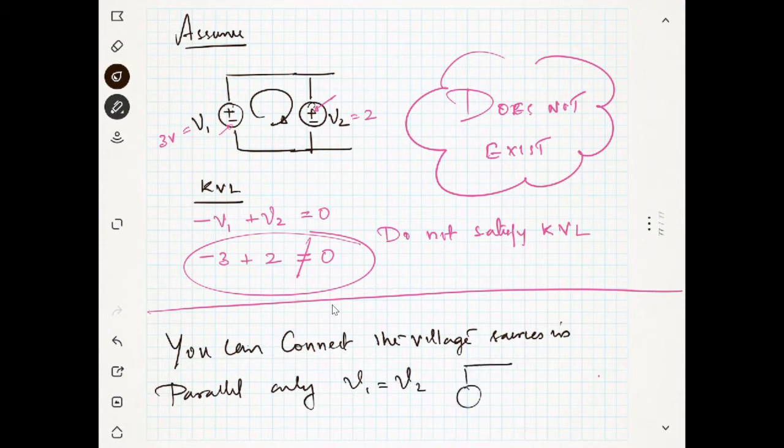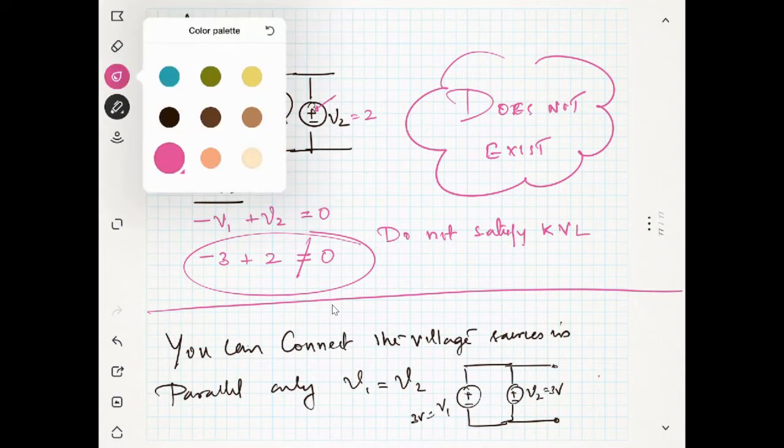If V1 is equal to V2, say V1 is equal to 3 volt, and you have another connection V2, which is equal to 3. No issue. If both voltages are the same, then you can connect. So this is a very important point. I hope that you understood this.